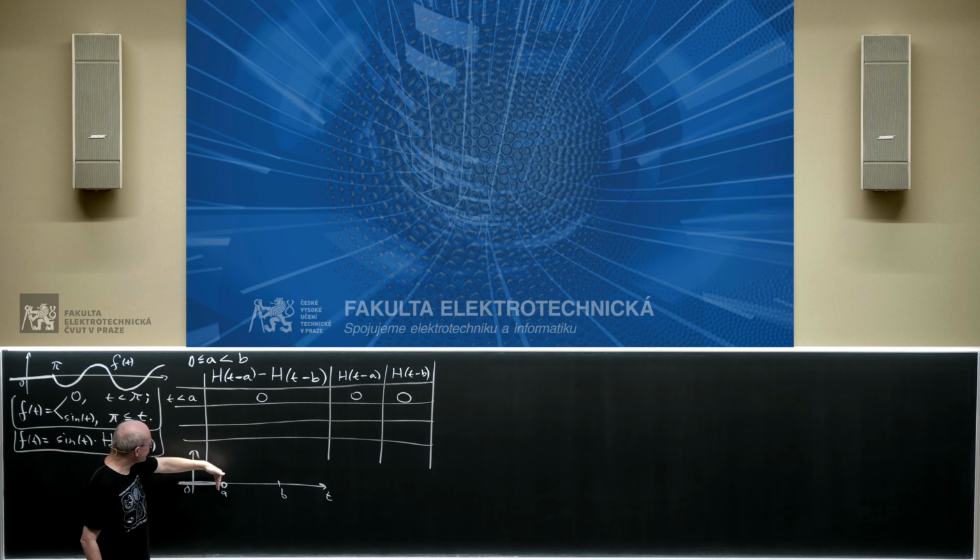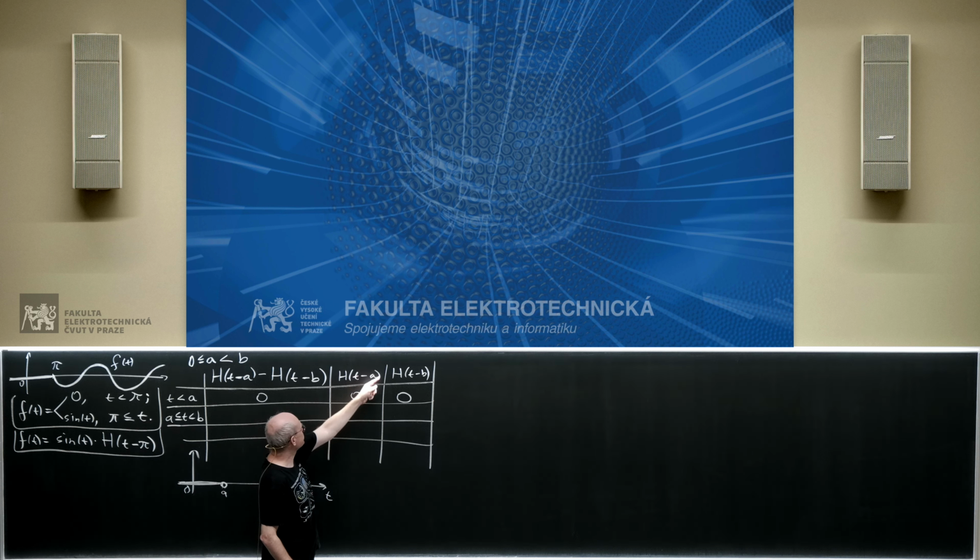Now, once we hit a, something changes, and this will be happening until b. So for t between a and b, a included, the situation is as follows. t is to the right of a, it's over here, so this argument is positive, or 0, and the Heaviside function is 1.